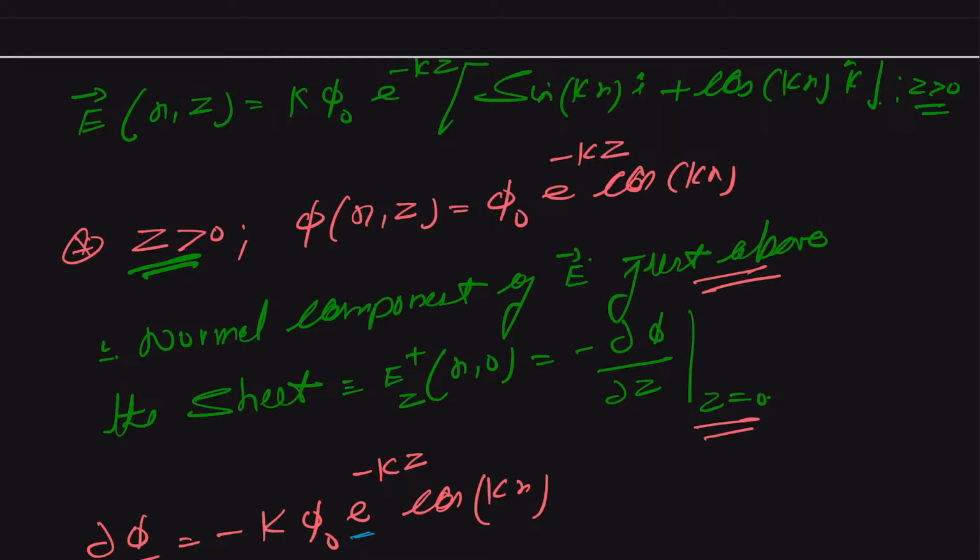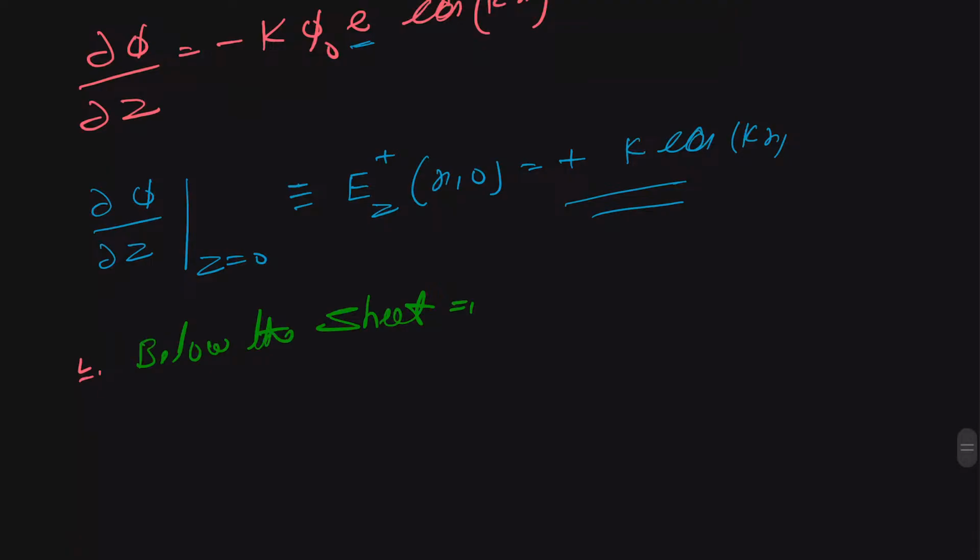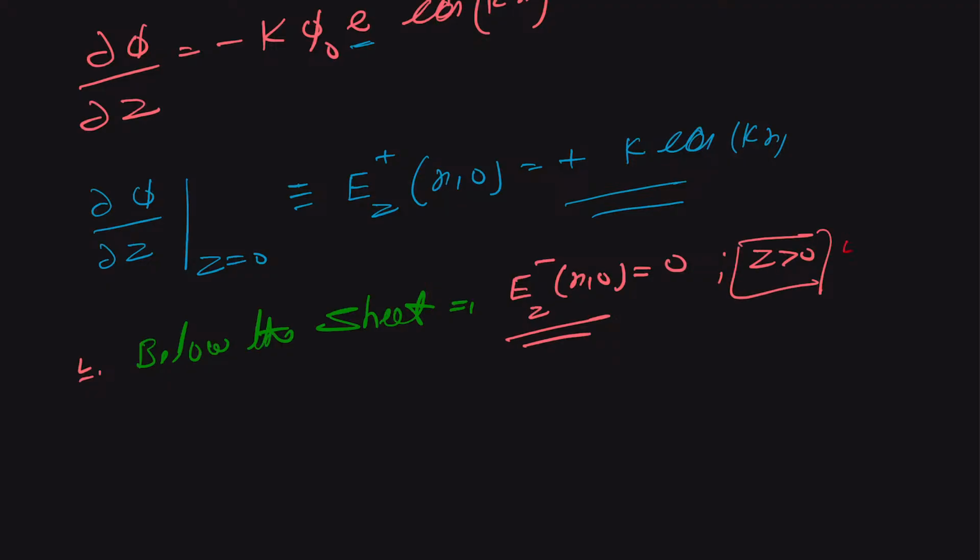There is nothing below the sheet. Therefore, there are no charges below the sheet, and we can say that electric field just below the sheet at x, 0 is equal to 0. Because whatever potential is there, that is at z greater than 0.